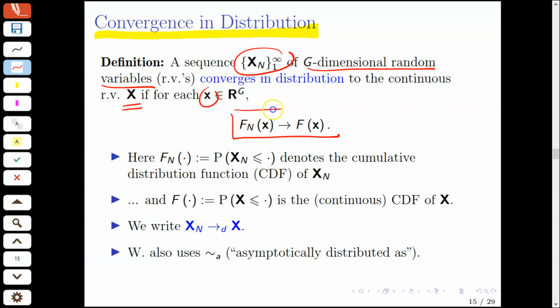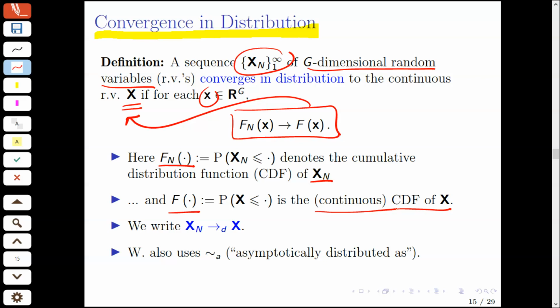Namely, we can show that the CDF of this random variable Xn, when evaluated at lowercase x, converges to the corresponding CDF of the limit, or rather limiting random variable capital X. So here this Fn denotes the CDF, or cumulative distribution function, of Xn, and F without any n denotes the corresponding CDF of boldface capital X, which by assumption is a continuous function.